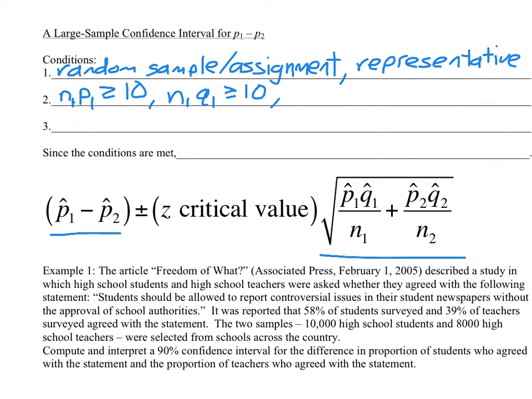And then you have to do it for the other sample. So from sample number 2, N2P2 has to be greater than or equal to 10, and N2Q2 has to be greater than or equal to 10.